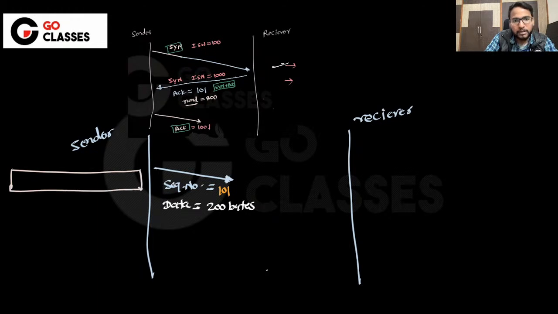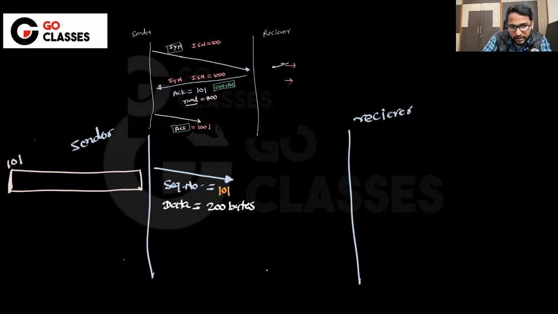Okay, this is the sender window, or sender buffer, having some number of entries. The sender window size could vary, but let's suppose it is starting from, since the initial sequence number is 100, 101, which means the first byte here is 101.